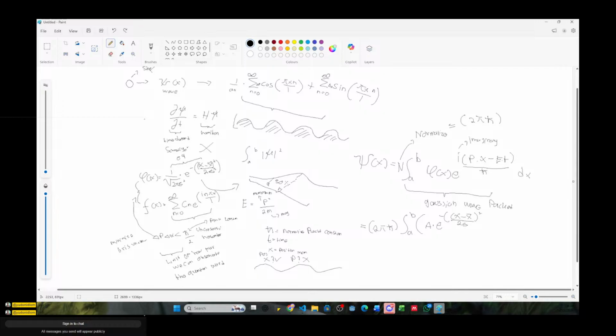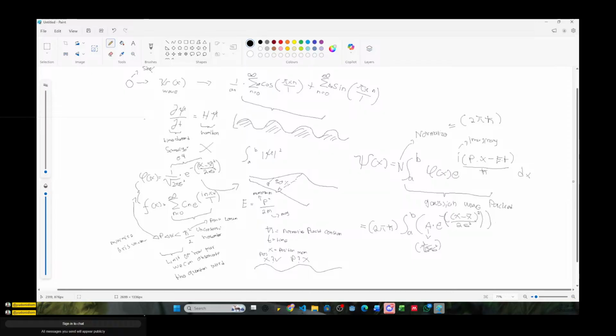Oh no, wait a minute. Divide by 2. It's going to make this easier to understand. Okay, this is a constant. We can use this as 1 over the square root of 2 pi, or we can just give it a random number here.